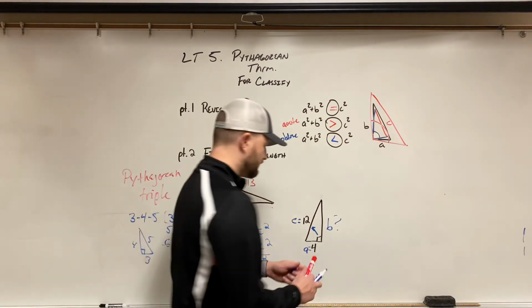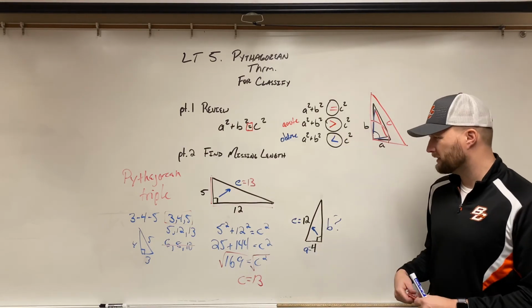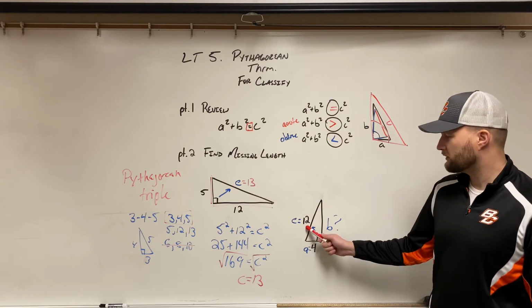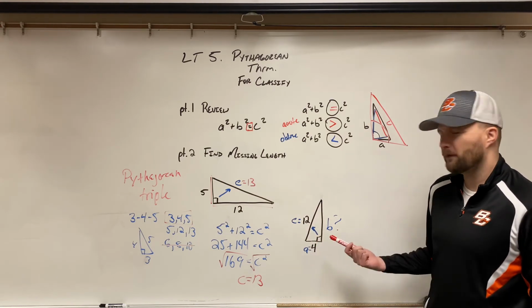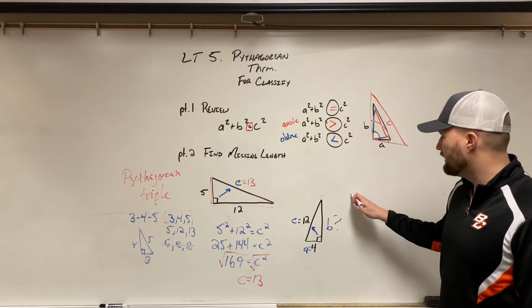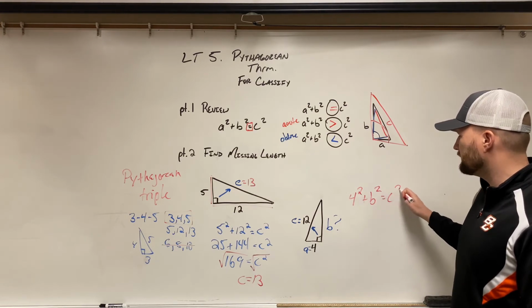And then last but not least, let's just try this one. What's different is, again, we're working backwards on this one. Is it 5, 12, 13? Definitely not, because 12 is the c and this is 4. So I don't know if it's a Pythagorean triple, but in this one I actually got to work backwards because we have 4 squared plus b squared, which we do not know, equals c squared.